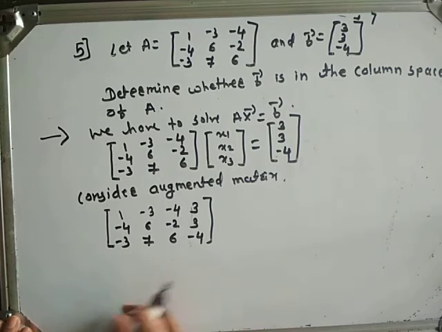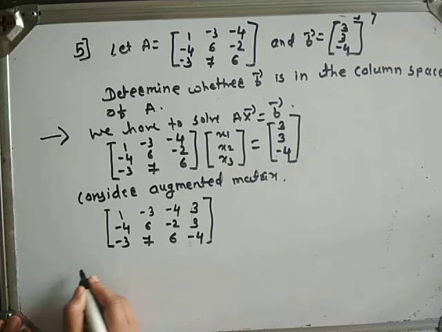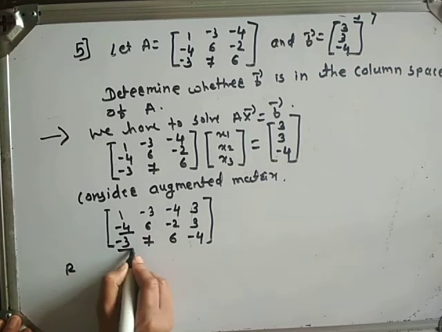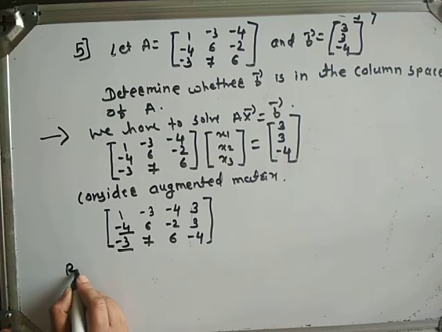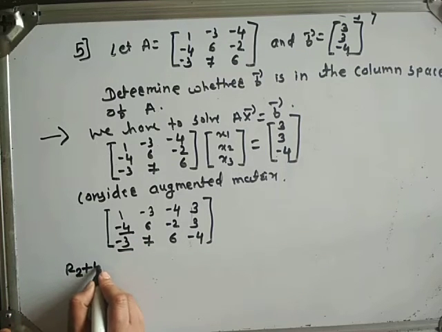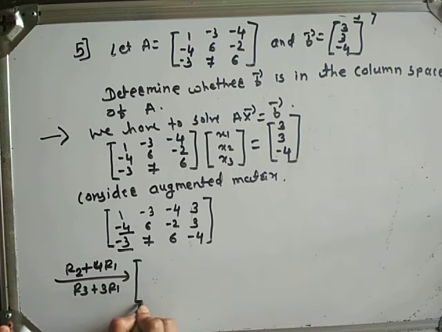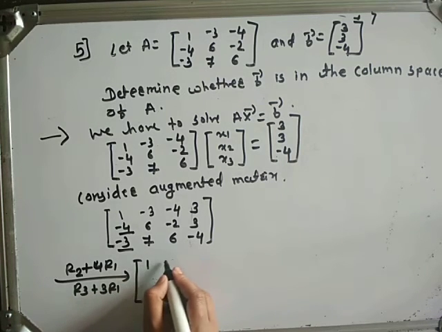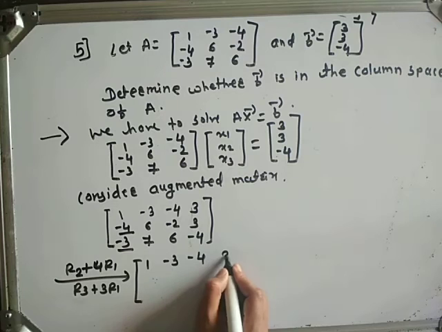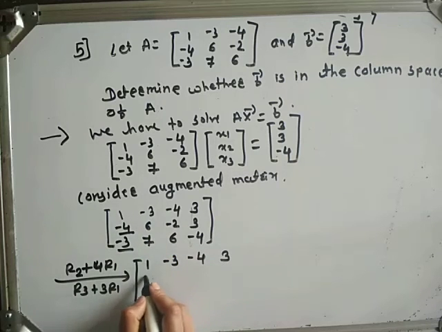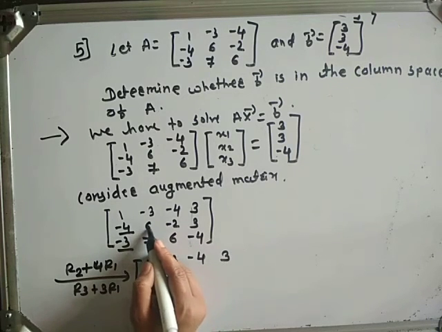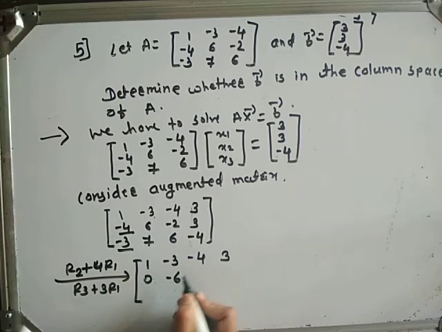Obtain row echelon form of this matrix. Here we require 0, so perform row operations R2 plus 4 R1 and R3 plus 3 R1. So matrix becomes 1, minus 3, minus 4, 3. Minus 4 plus 4 is 0. 6 minus 12 is minus 6.